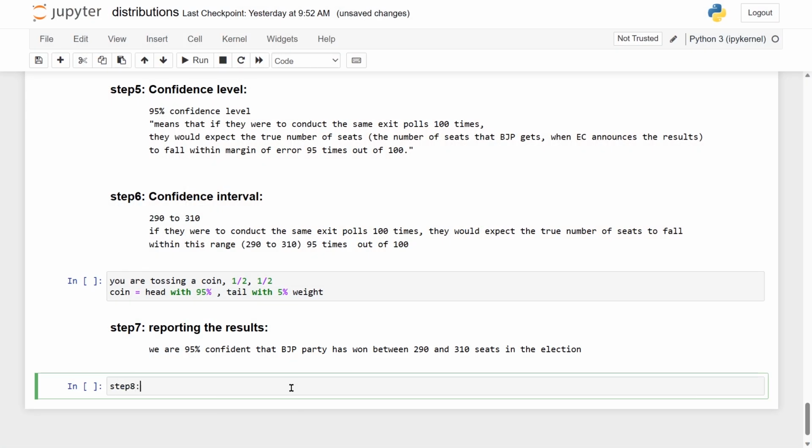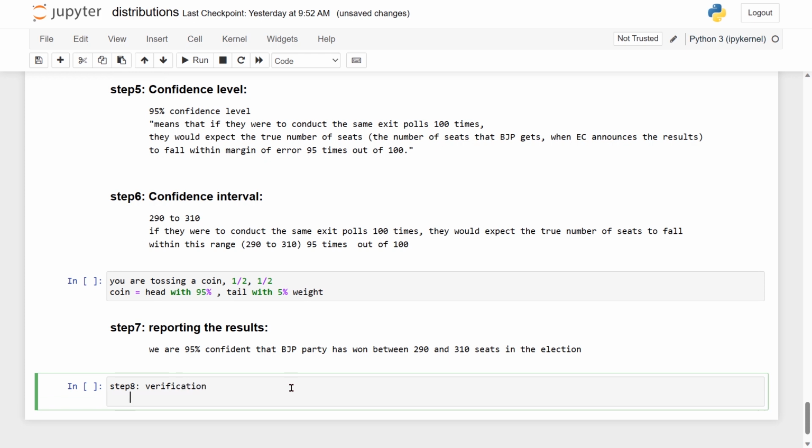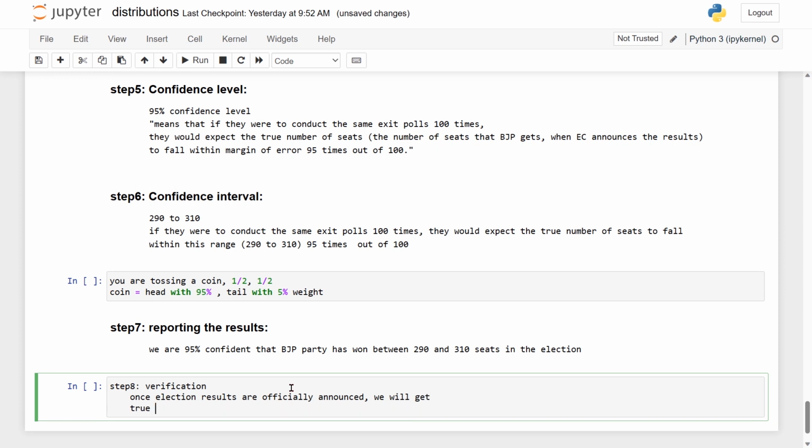Step 8 is verification, because from there we will get the true number of seats. So once election results are officially announced, then we will get the true number of seats won by the BJP party.